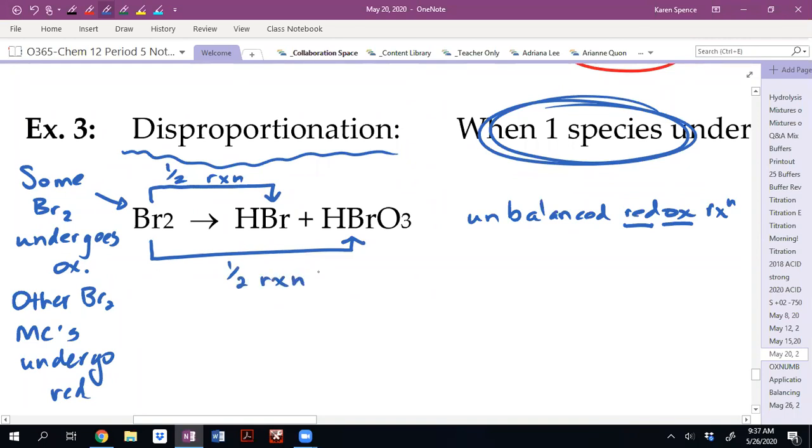Now, if you had to take a look at these and guess which one is going to be the oxidation and which one is going to be the reduction, so let's call this one half reaction A, and let's call this one half reaction B. Of A and B, who is the oxidation and who is the reduction? Can you tell just from looking at it?